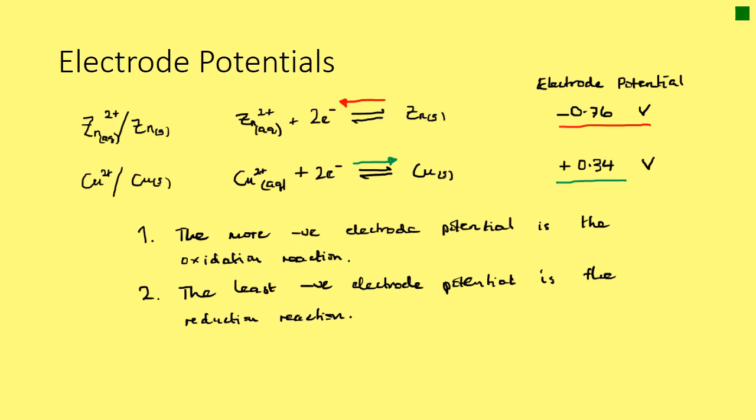The least negative electrode potential is the reduction reaction. And so this is the reduction reaction for copper in this direction. So you're going to have copper ions in solution, accepting electrons from the electrode and forming copper solid around the electrode. And that's what we saw when we studied it. And so there we have a quick rule to allow you to find out which reaction, oxidation or reduction, is happening in each of the half cells of an electrochemical cell.